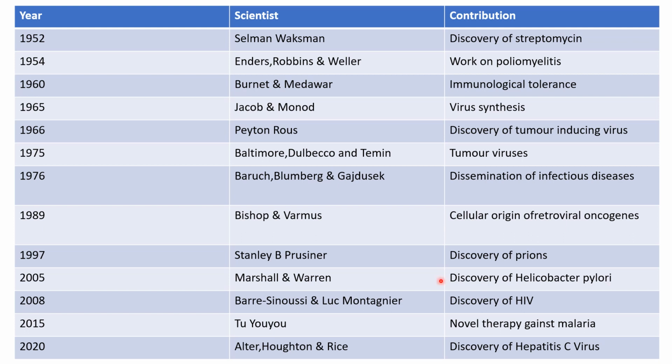Another organism, Helicobacter pylori, was responsible for stomach cancers. All these discoveries are so significant that they got this highest honor. Even last year, in 2020, Alter, Houghton, and Rice got the Nobel Prize for the discovery of a new virus, the hepatitis C virus.